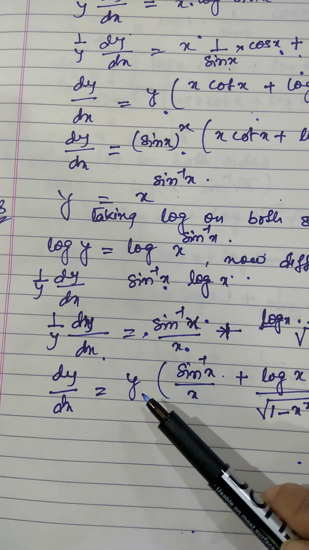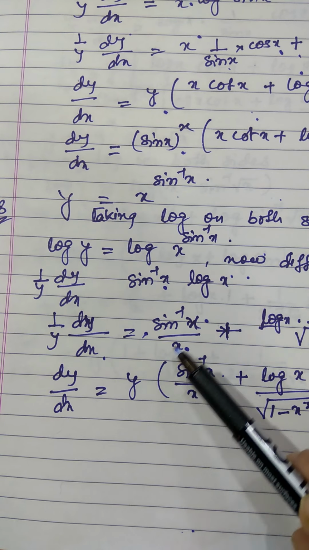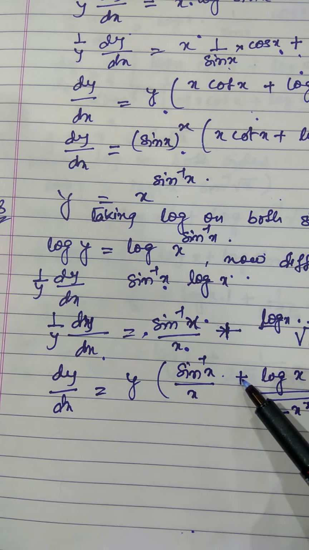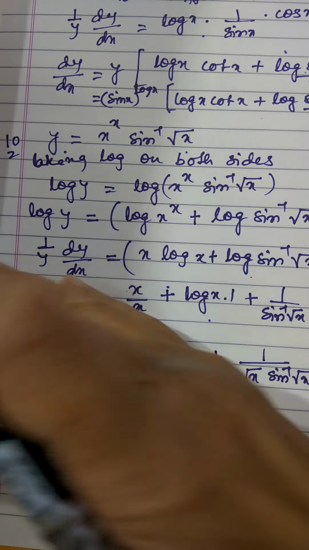So this is x raised to the power sin inverse x into (sin inverse x upon x plus log x upon root 1 minus x square).